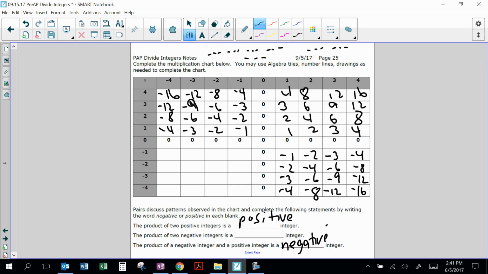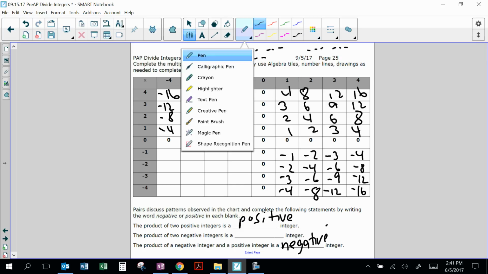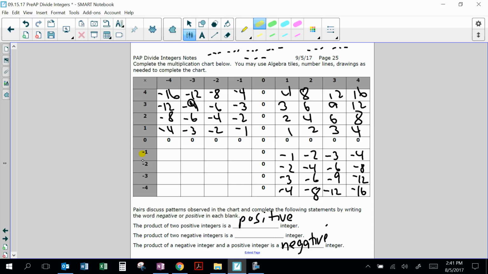Now, what happens when you have two negative integers, such as this? So let me get my highlighter out. It's saying, what's the opposite of one group of negative 4? Or another way of doing it is, what's the opposite of a negative? Positive 4. Opposite of a negative, 3. Opposite of a negative, 2. Opposite, 1.